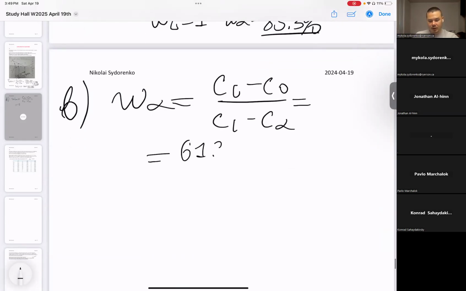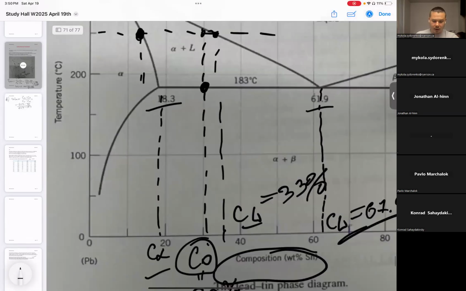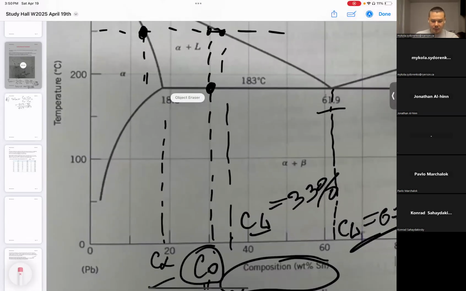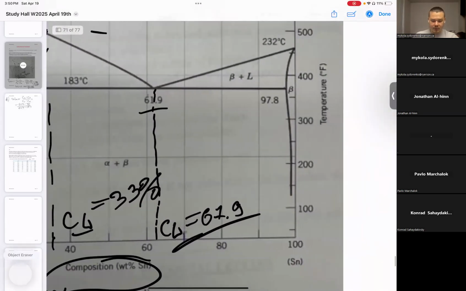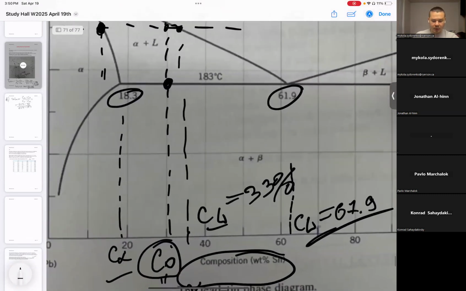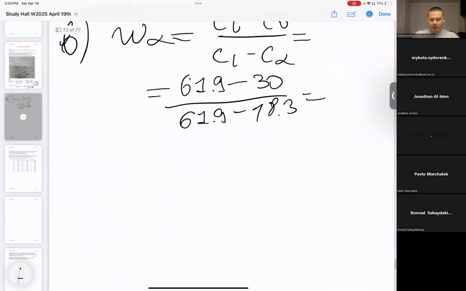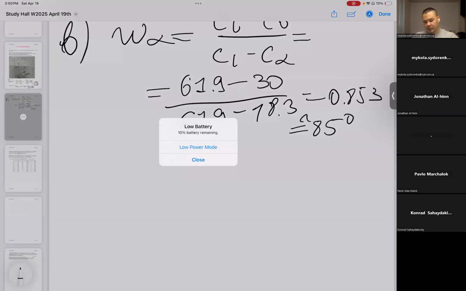So it's 61.9 minus 30 divided by 61.9 minus 18.3. The 18.3 is our solidus composition, and the liquidus is coming from this eutectic reaction. Our initial composition is 30%, that's what we start with. The answer is 0.853, so it's roughly 85% solid.